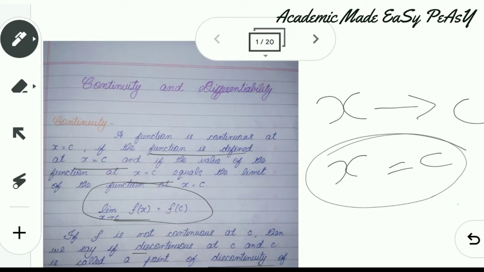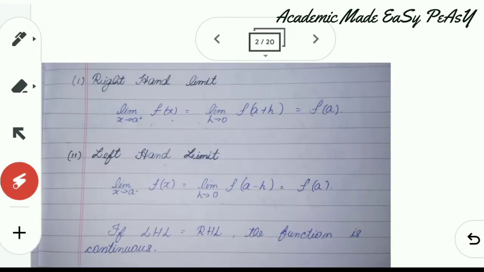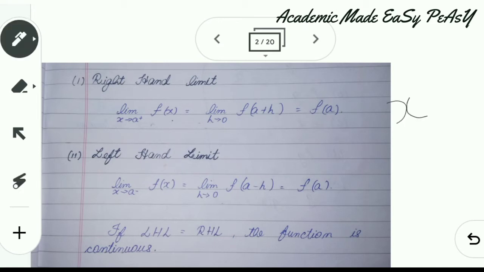So now just have a gist of it. In continuity, the right hand limit and left hand limit are very important, because with this only we will be proving whether it is continuous or discontinuous. If it is given as x tends to a, we will first take x less than a.